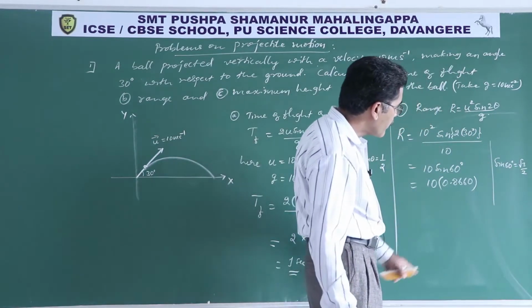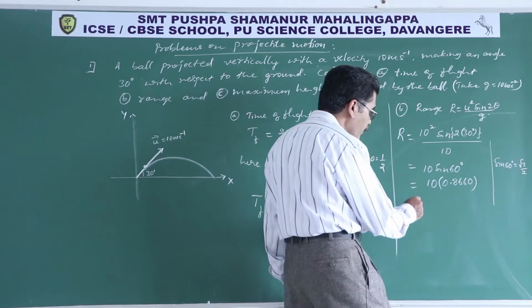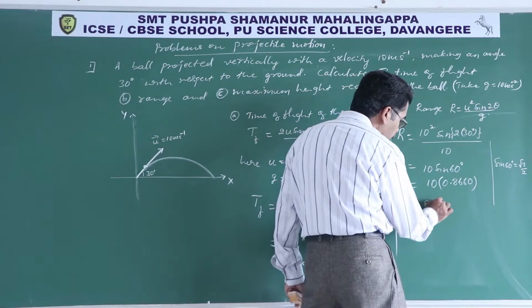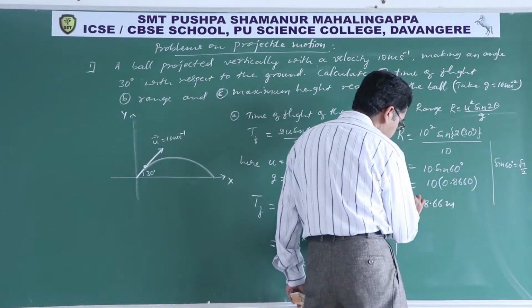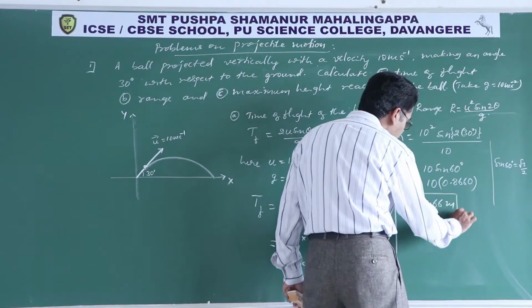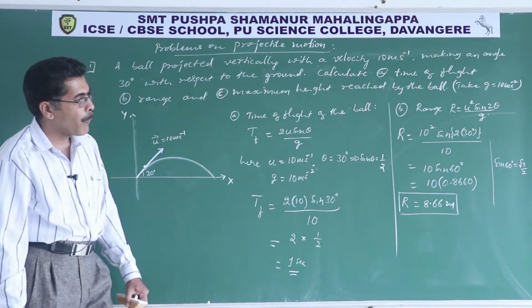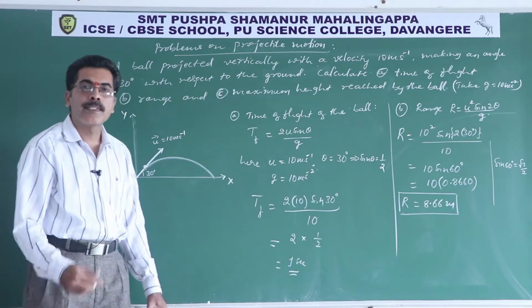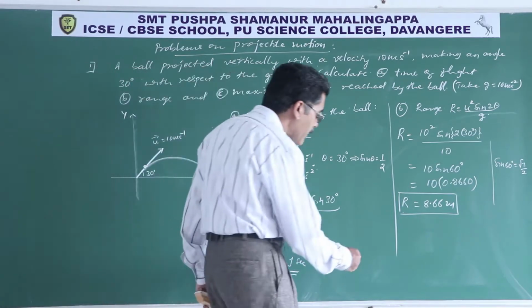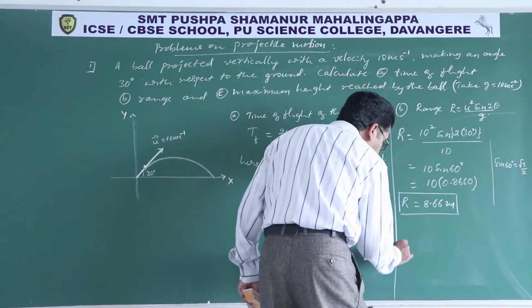On simplification you will get 0.8660. Therefore this gives you 8.66 meter. Range of the ball is given by 8.66 meter.